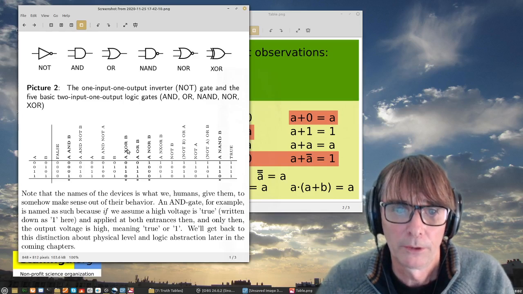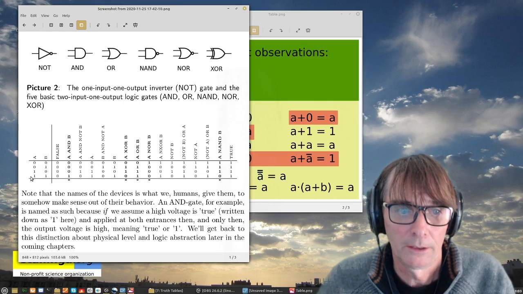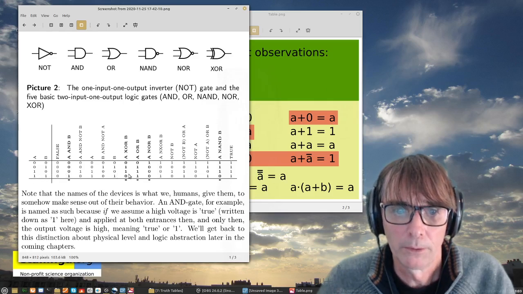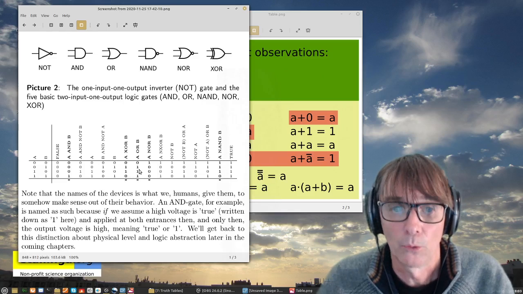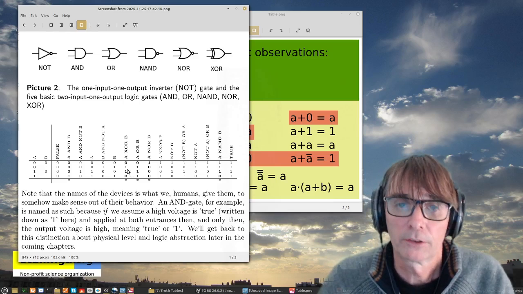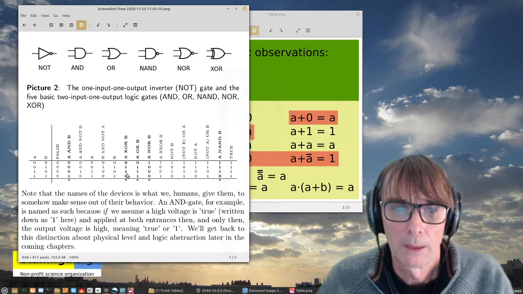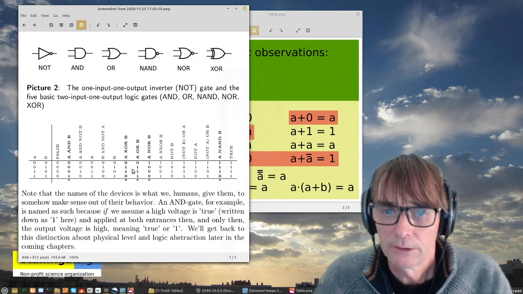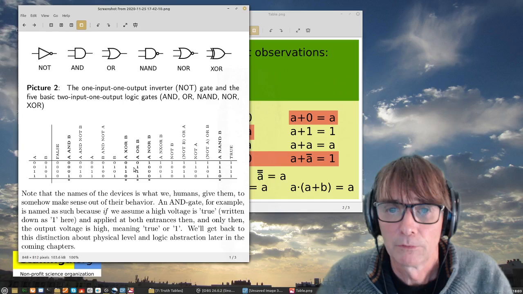So exclusive OR is different from normal OR by the last line in the truth table: for an OR gate it is A 1 or B 1, and for the exclusive OR it is A 1 or B 1, but not both. That is the difference. So these are the basic gates with which we're now going to build our circuits.